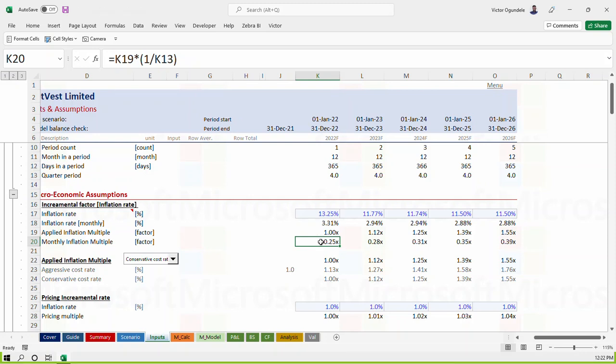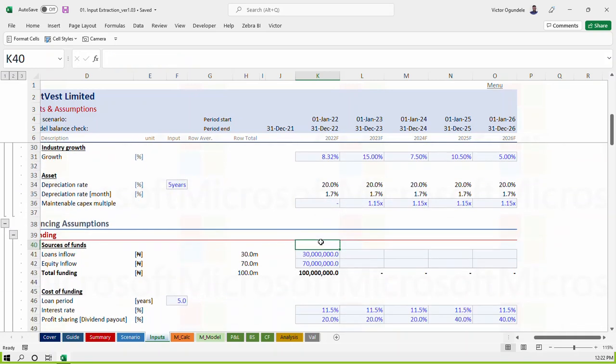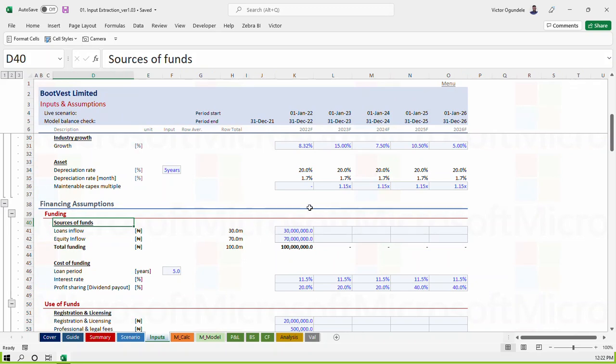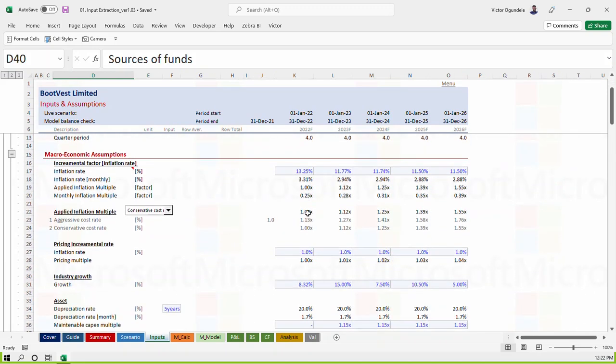Okay, all right. We can always make that adjustment later. For that monthly inflation multiple, can you just state it there so that we know that it's quarterly? So that we don't get confused when we're going through the file. Okay, all right.